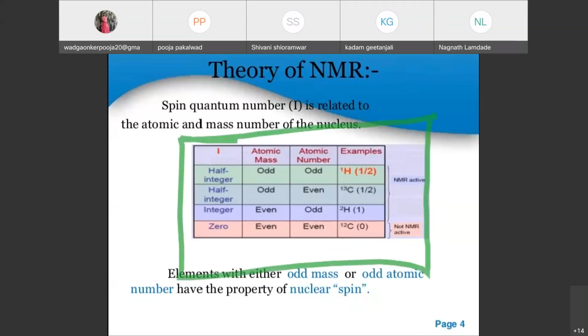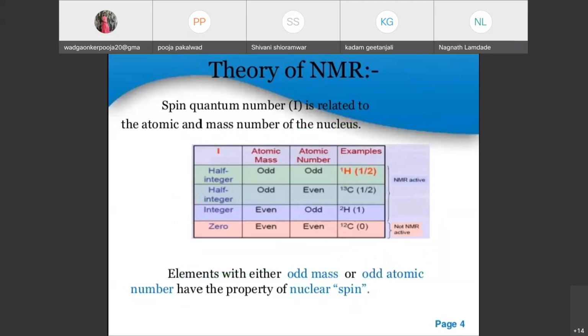This chart, or this table, explains the NMR active and NMR inactive nuclei. You can look at the atomic mass, atomic number and their examples in this table very easily.